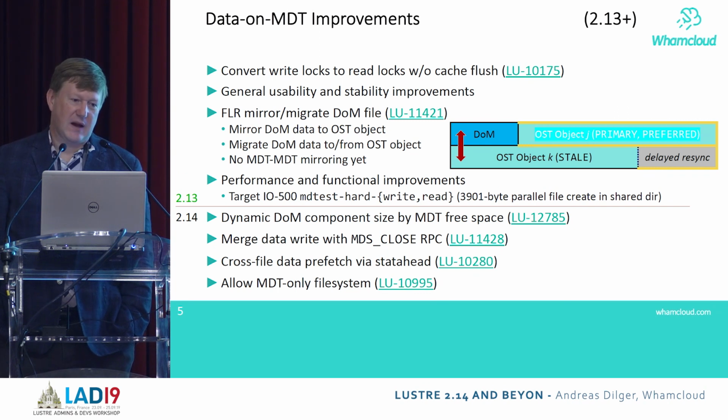So if you had small files, it's not super hard, but you just have to essentially do data copies and then rename the file on top of the old one. With 2.13, now we've integrated data on MDT with the file level redundancy to mirror a DOM component, and so we can use that at the same time to add or remove a DOM component on an existing file.